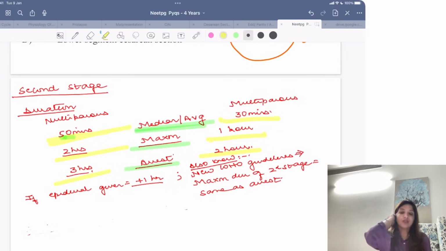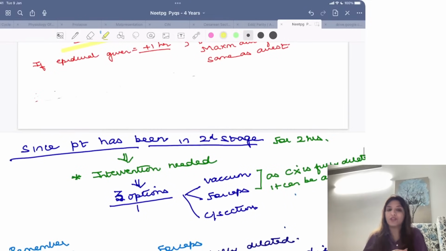Right? Now, this means that if your patient is multigravida and she is in second stage of labor for 2 hours, this is not normal, right? This means either there is a second stage arrest or the second stage has got prolonged. Clear? Now, how am I going to manage this?